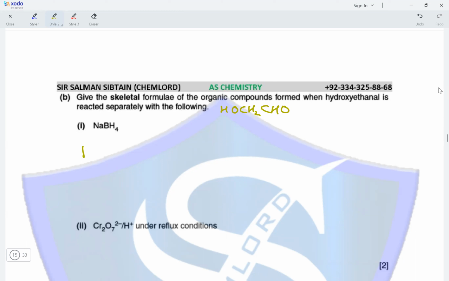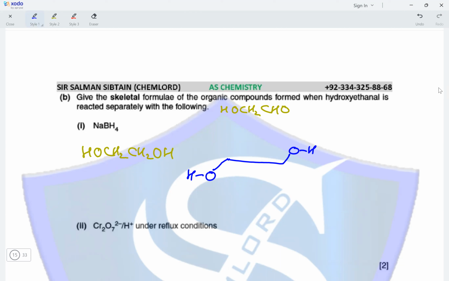So the compound becomes HO, CH2, CH2, OH. So the skeletal formula of this compound would be two CH2 groups, each attached to an OH group. So this is the skeletal formula of the product of the reaction of hydroxyethanol with NaBH4.